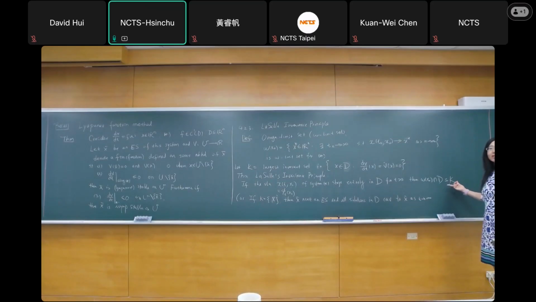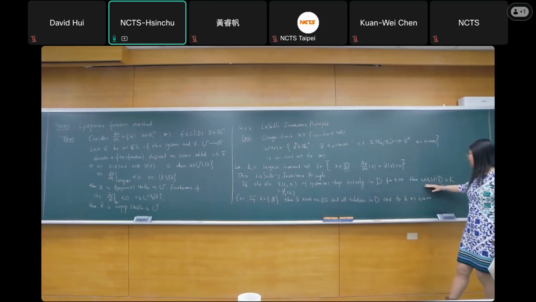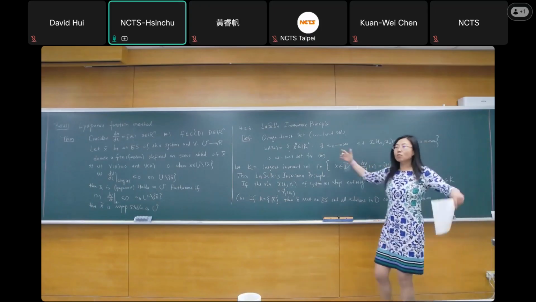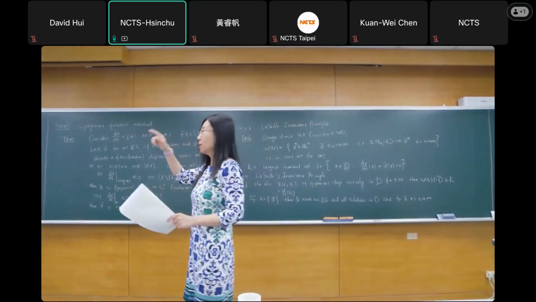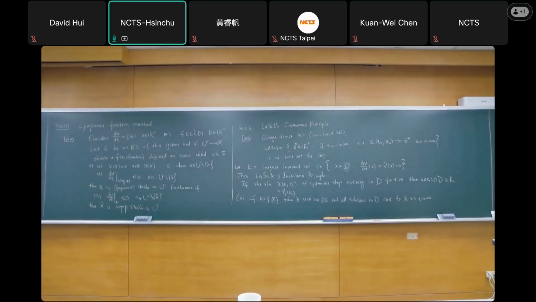Suppose the largest invariant set we just defined is composed of only one point. So in this case, now we know if this is true, no matter where you start, you will stay. This is saying all the solutions starting in D eventually will converge to that point.